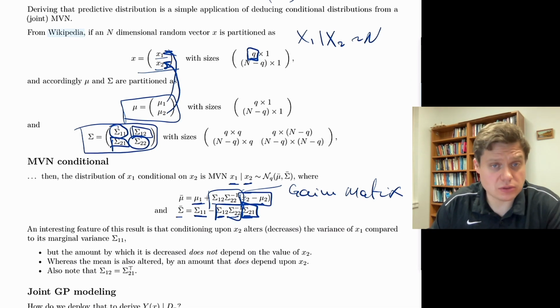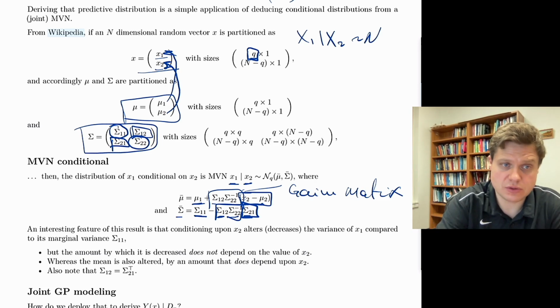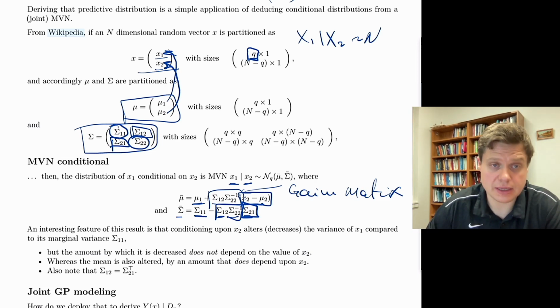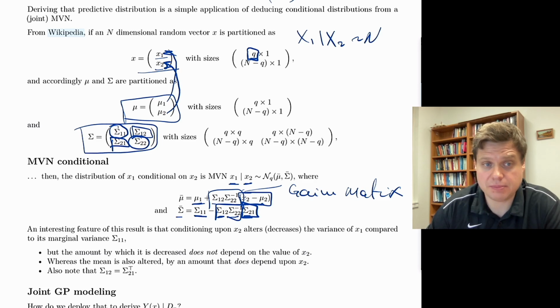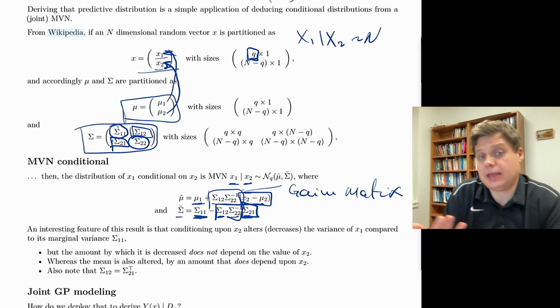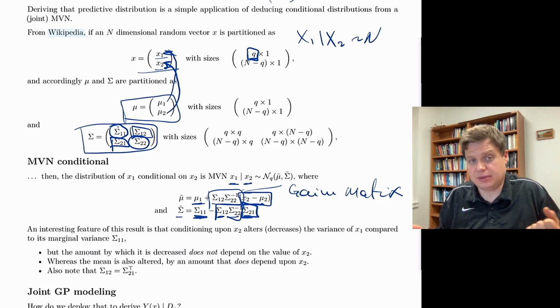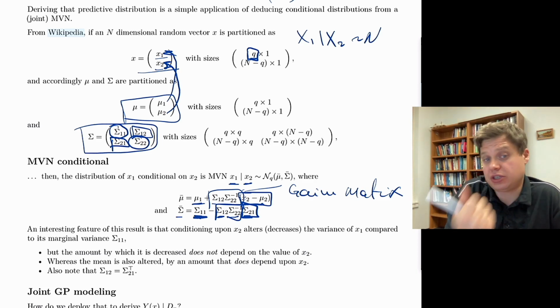Anyhow, we're not going to go through proving this relationship. You can just Google multivariate normal conditional, and you'll find a Wikipedia article that gives you those formulas. But an interesting feature of this result is that, conditional upon x2, the variance of x1 actually decreases compared to the original one, sigma 1,1. That makes sense: we had some covariance in x1, and once we learn something, we decrease the covariance.